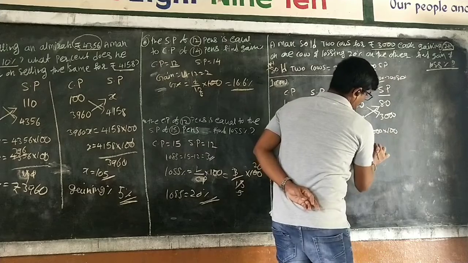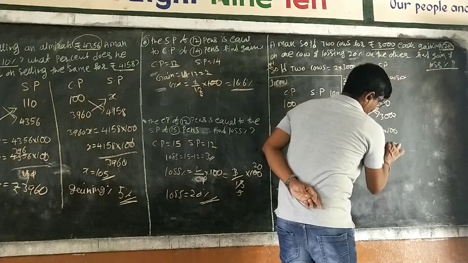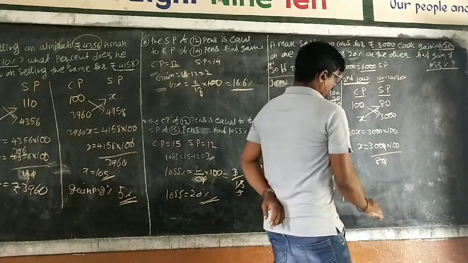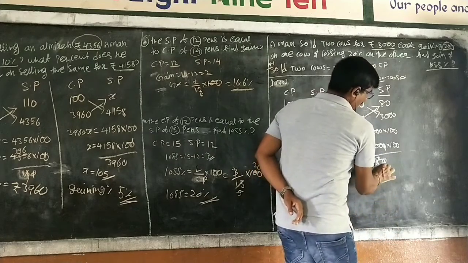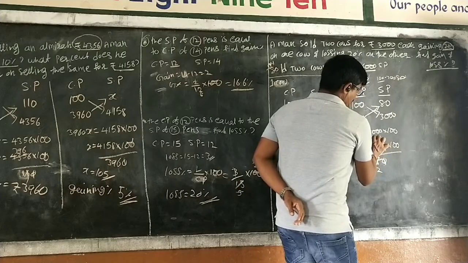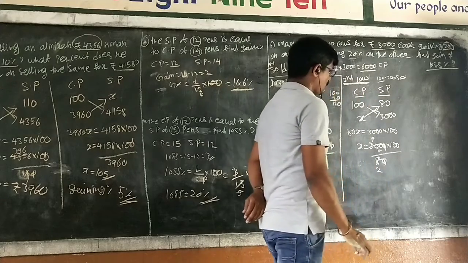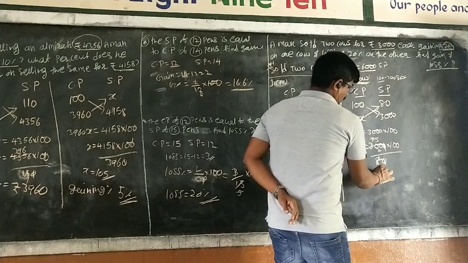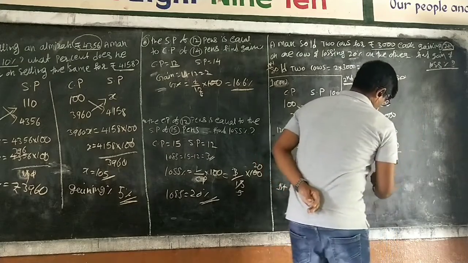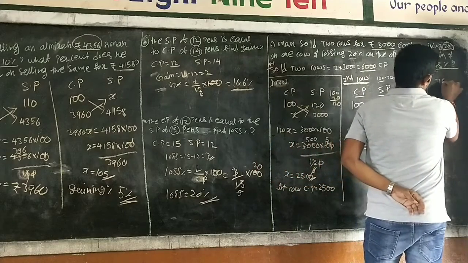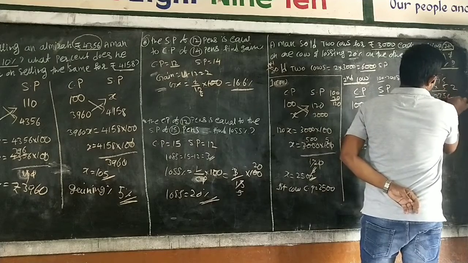x is equal to 3,000 into 100 by 80, the zeros get cancelled. Dividing, we get 75 into 50, that is 3,750.